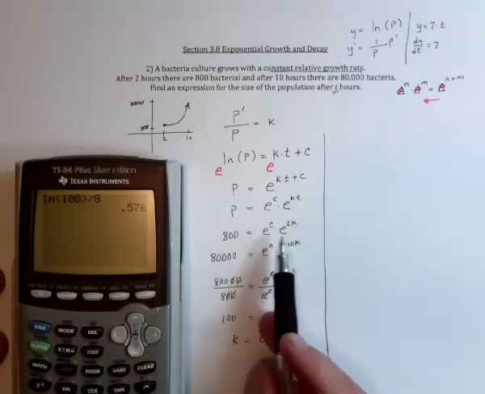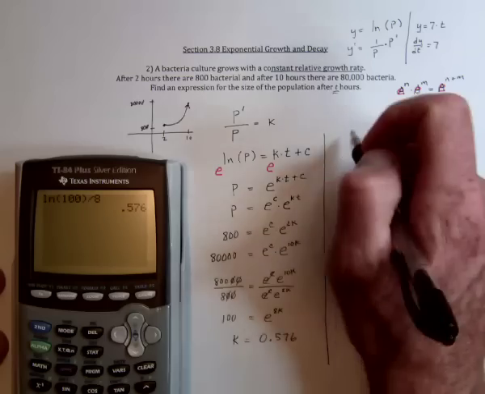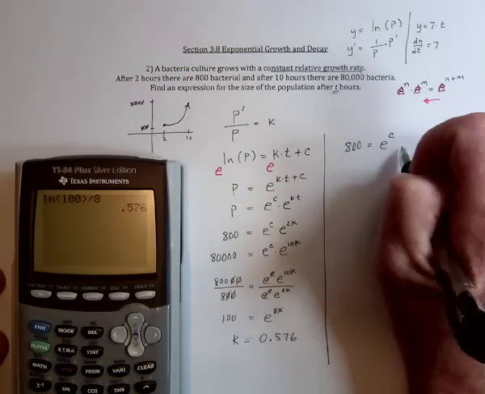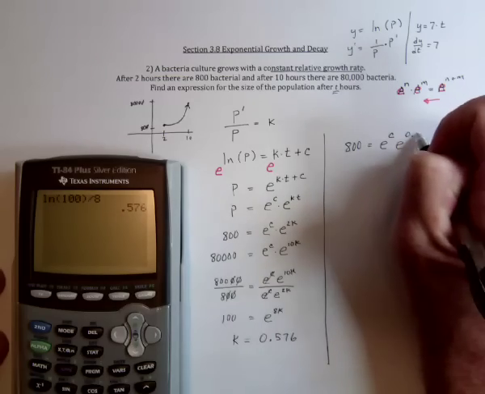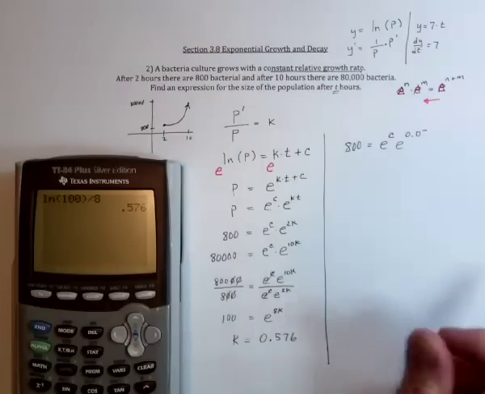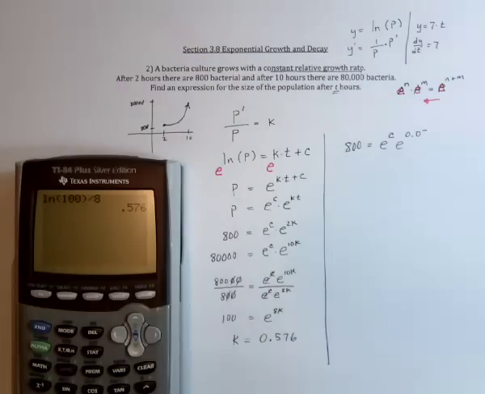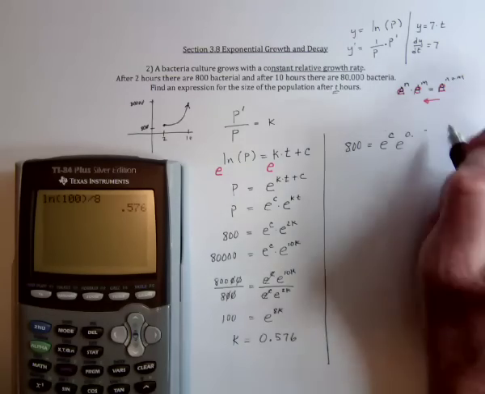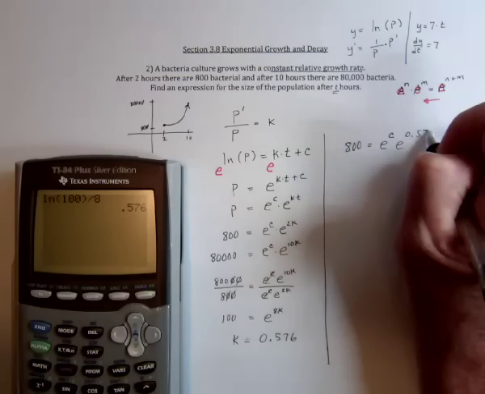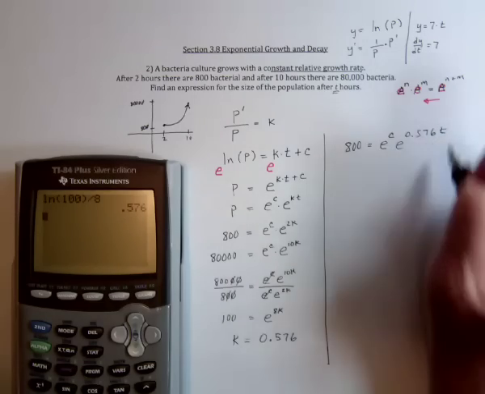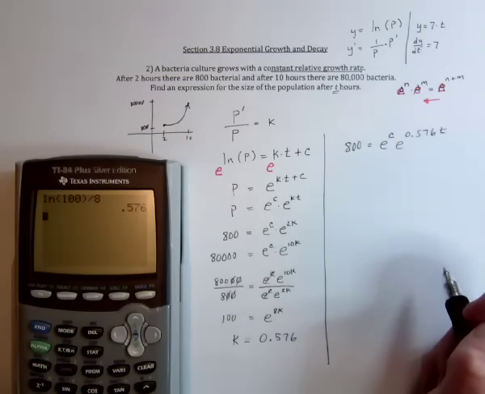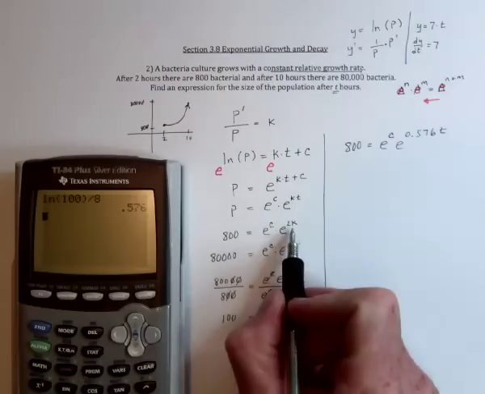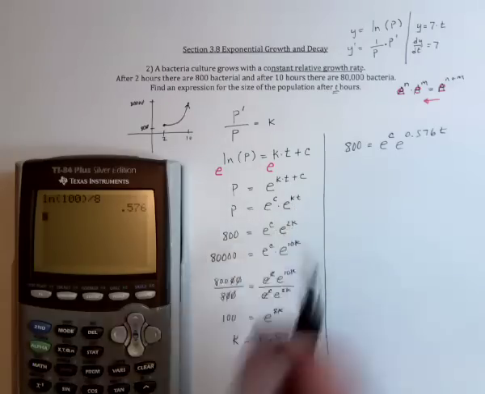Then go back to one of these equations, like this one right here, substitute that information in. And so it's now beginning to look like the Pert formula. So go back to, I've got the k, I need the c.